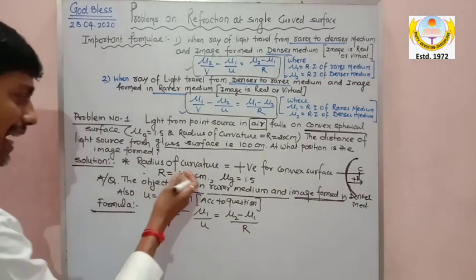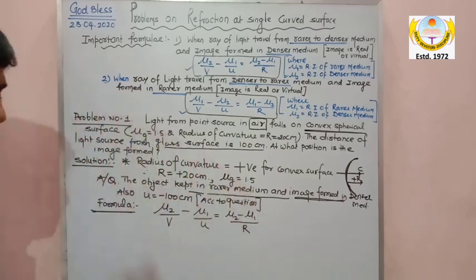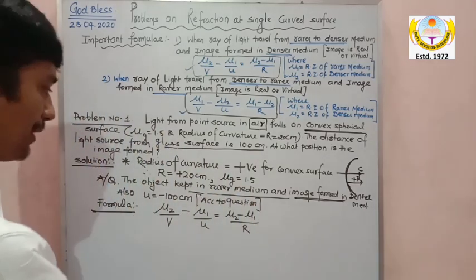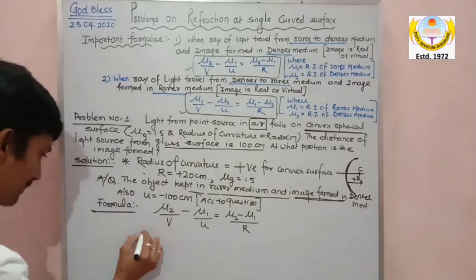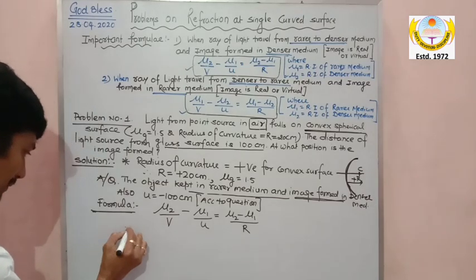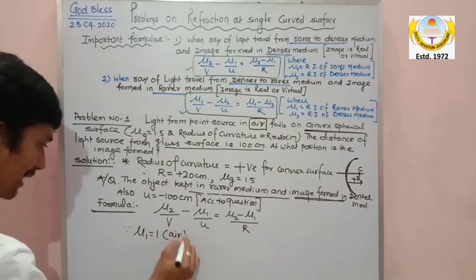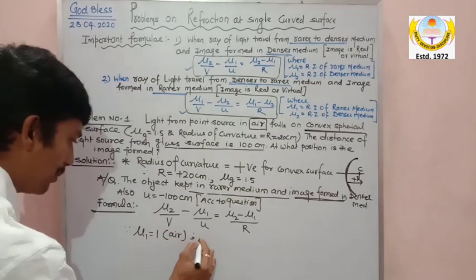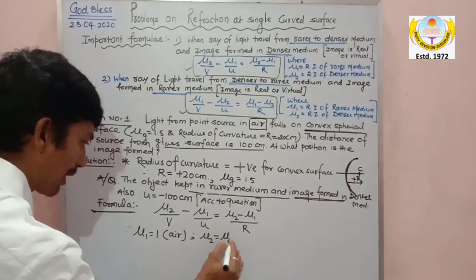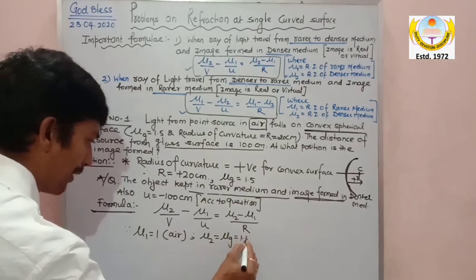First I substituted the formula. Now you all know that mu1 is equal to 1, because it is clearly given air, and mu2 is equal to mu glass, which is equal to 1.5.